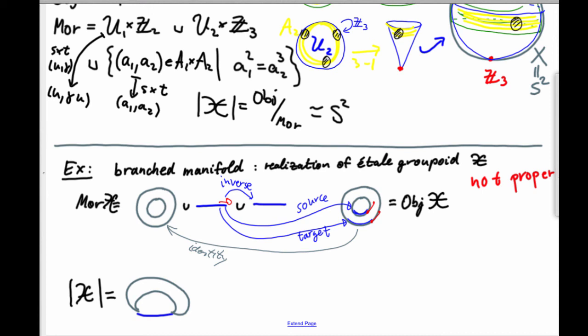So that's not compact. And similarly, what happens here is that this point at the end of the blue interval is really 2 points, one in each of the gray bits of the circle that don't get identified.